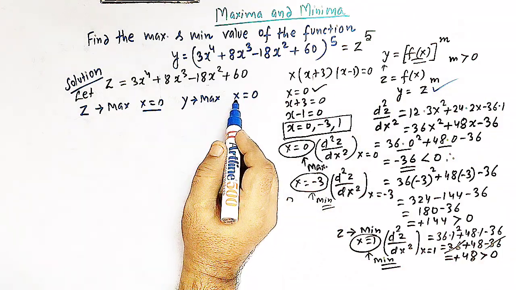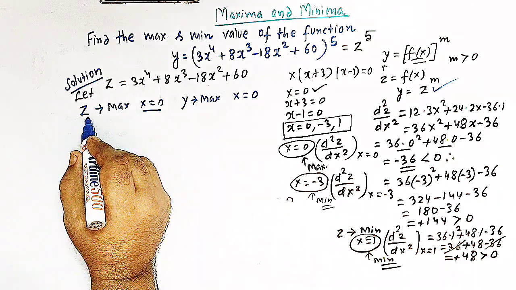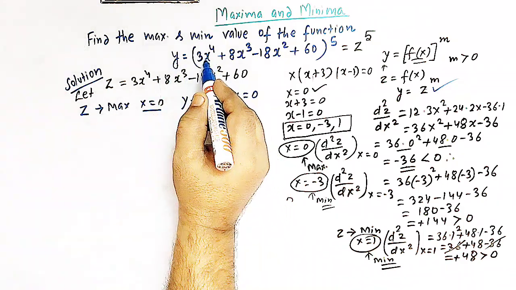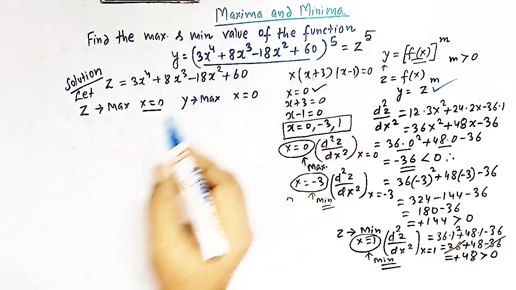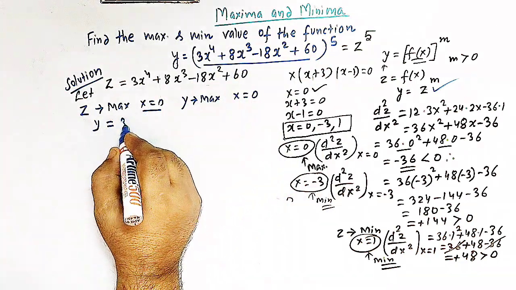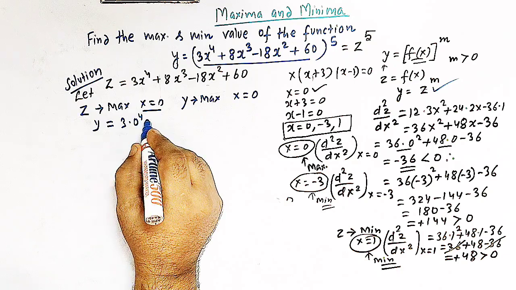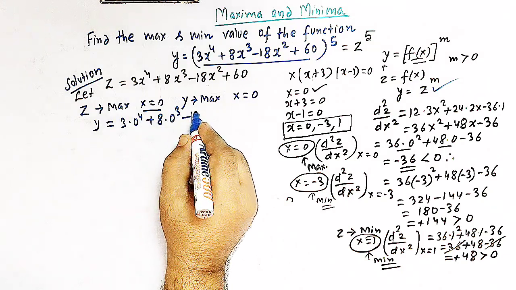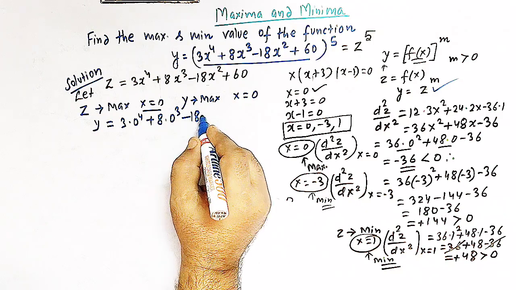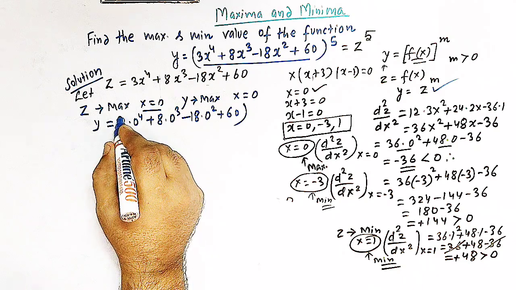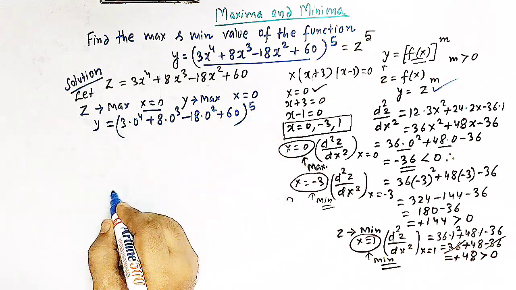Okay, so now here we can find out the maximum value of y by taking x is equal to 0 in this expression. So y is equal to 3 times 0 raised to 4, then we have 8 times 0 raised to 3, minus 18 times 0 square plus 60 raised to 5, right?